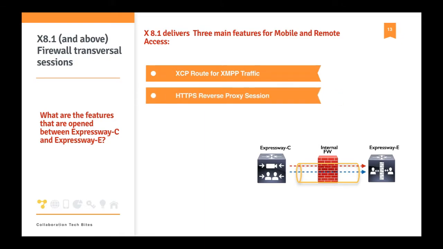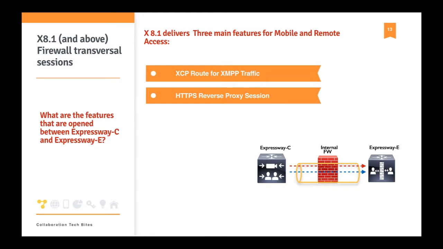The second service is the HTTPS reverse proxy session that will allow the Cisco Jabber client to register through Expressway E through an HTTPS connection, and also to download the configuration file through this service if TFTP is directed to the HTTP service.